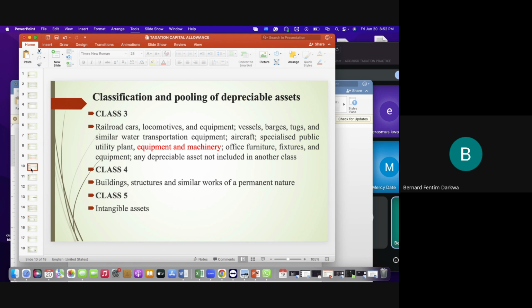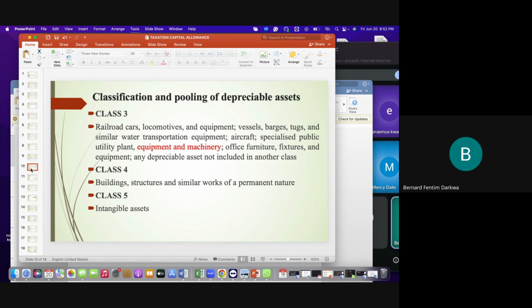See, plant and machinery used in manufacturing is class 2. But we have another plant and machinery that is not used in manufacturing. That one is class 3. Office furniture, fixtures, and equipment. Any depreciable asset not included in another class is class 3. So class 3 assets, there are many.